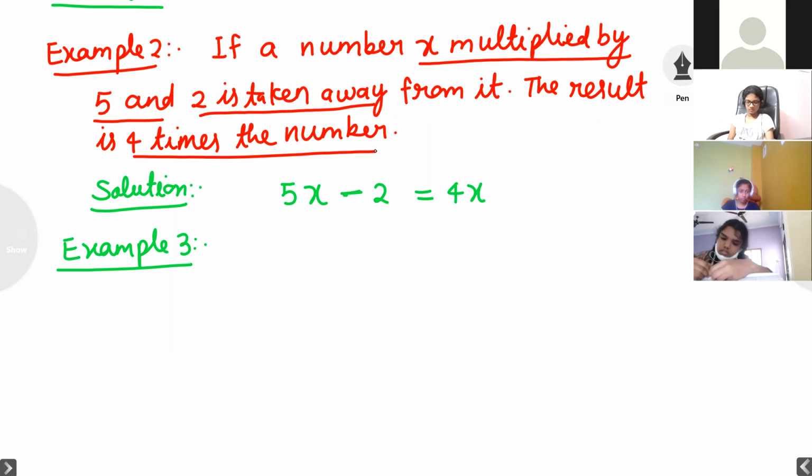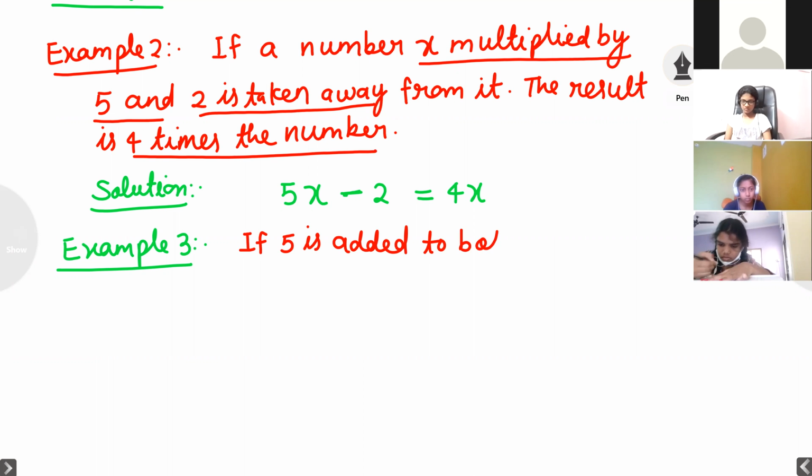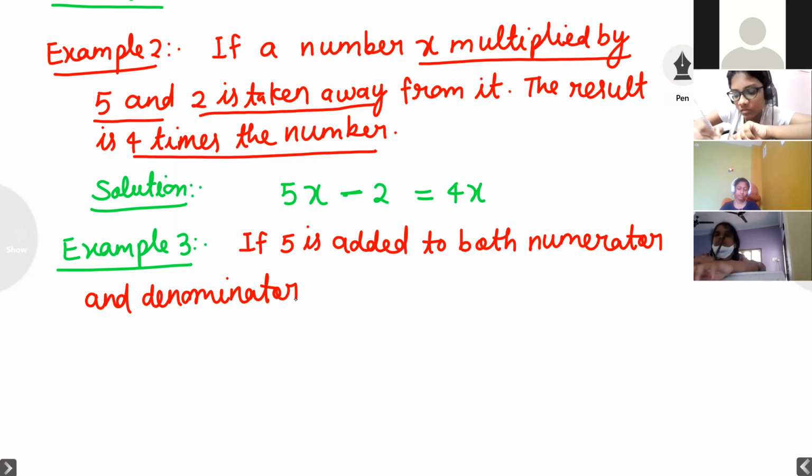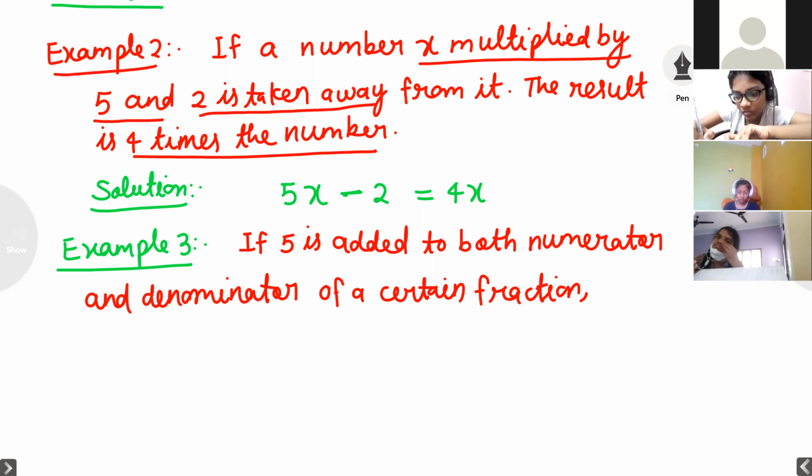If 5 is added to both the numerator and denominator of a certain fraction, its value is 2 by 3.